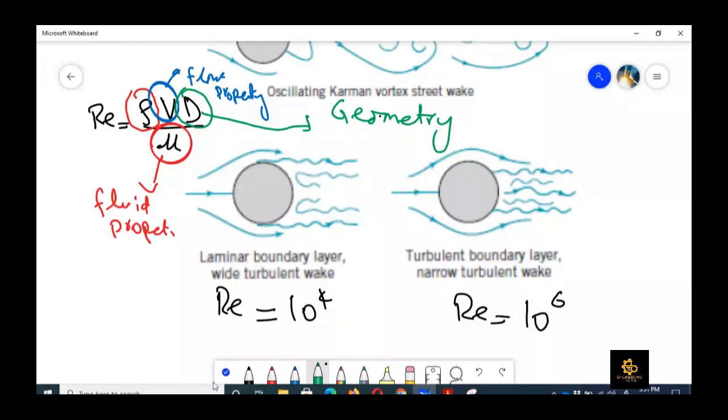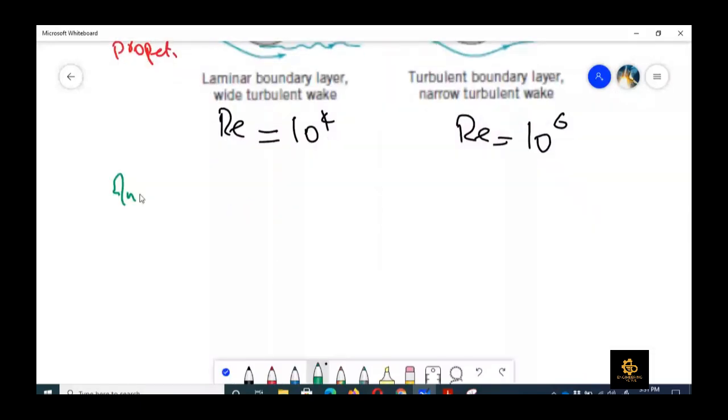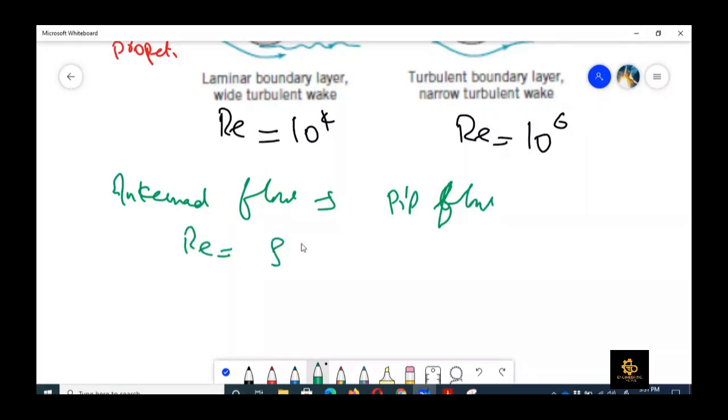Like, if you remember, for the internal flows, when we talk about internal flows like pipe flows, Reynolds number was defined like rho u infinity into length of the plate divided by viscosity. So we are talking about this length here.